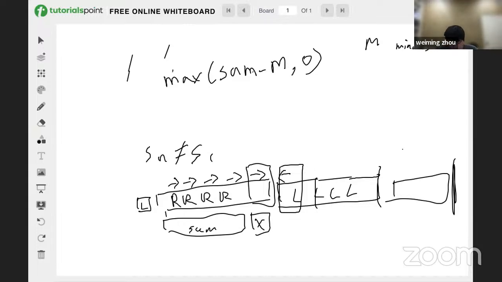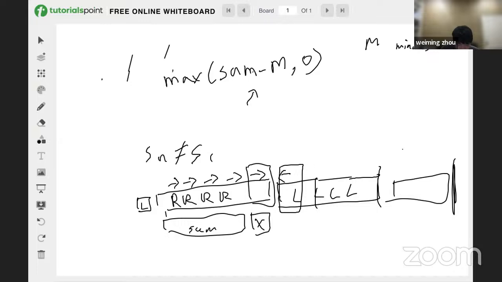The reasoning behind this is that over the course of each minute, the sum will lose one value, so it'll be sum minus n. But it's impossible for this group of cows to contribute a negative amount to the total, because when they run out of milk, they'll just stop losing milk. So it'll be the max of sum minus n and zero.